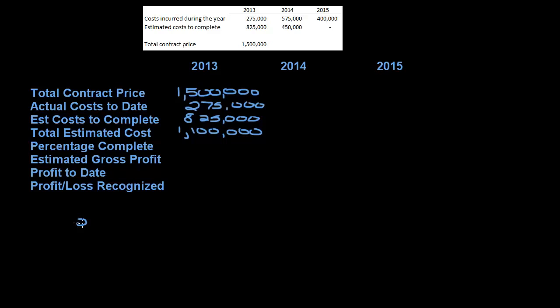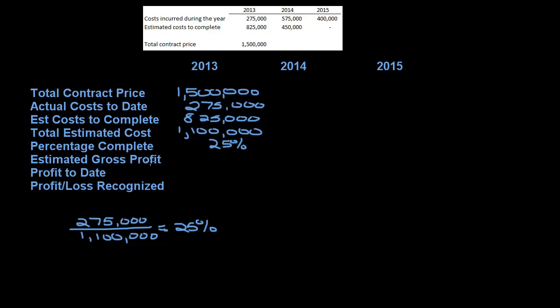So down here at the bottom, I'm going to take 275,000 and divide that by 1,100,000 because that's the total cost of the job, to get the percentage of the job that I think is completed so far. When I do the math, that is 25%. Okay, so we think 25% of the job is completed. So we're going to put that up here, 25%.